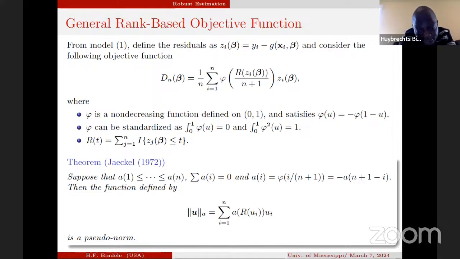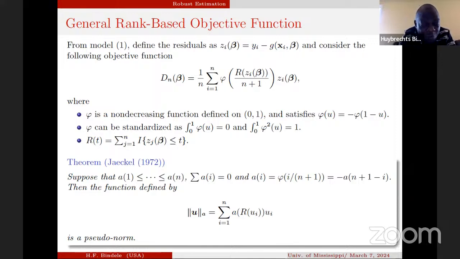The regression function has to be convex because Jaeckel assumed a linear model, and we do know that a linear model is convex. So that makes the function itself convex.